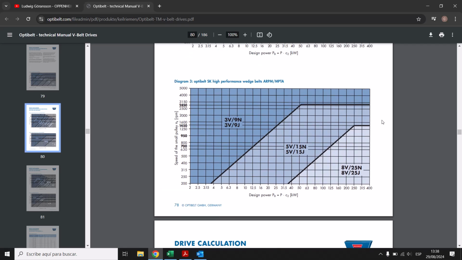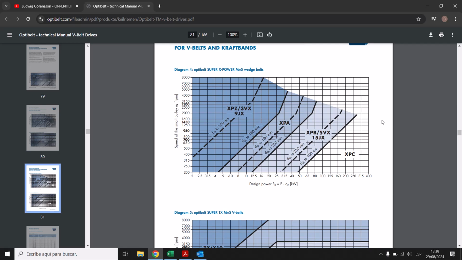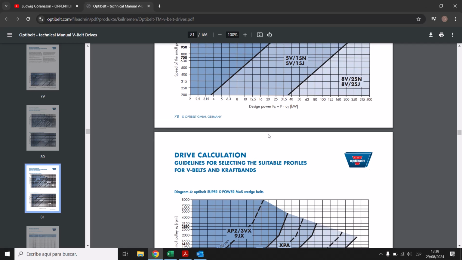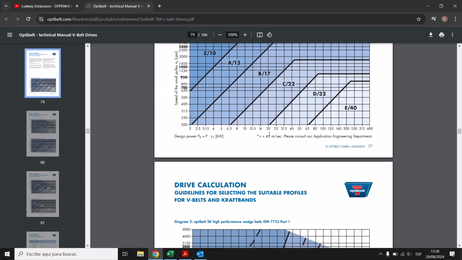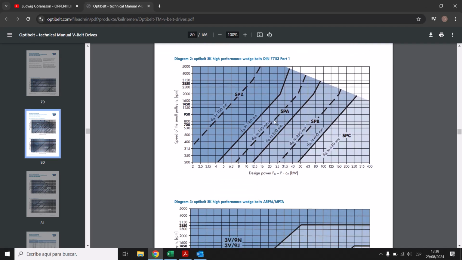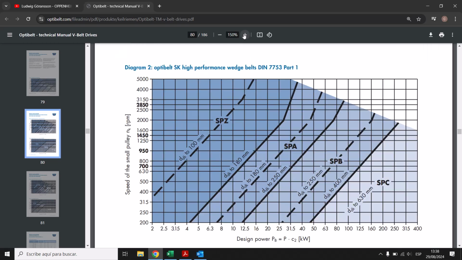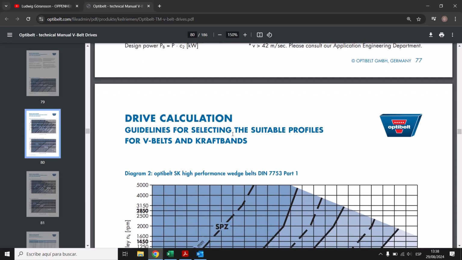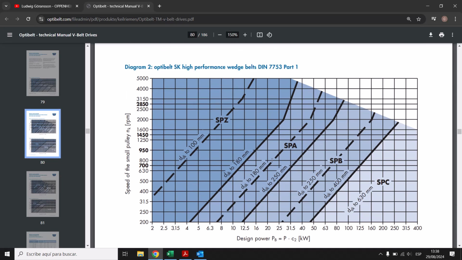Well, I learned it with these norms, but if you are more comfortable with others, it's the same. You should just select your best option. Okay, I'm gonna show you this for high performance because this is classic. So I'm gonna show you something better.